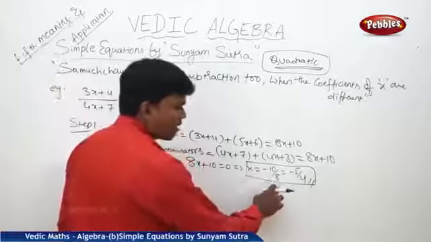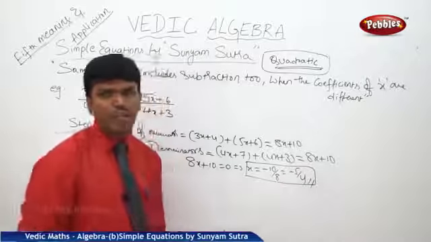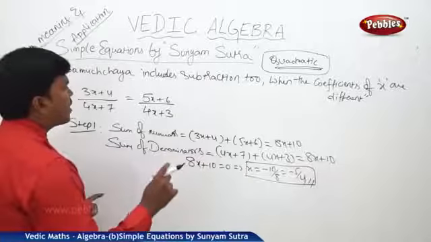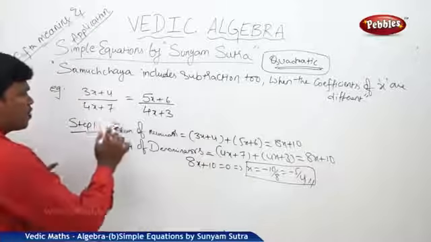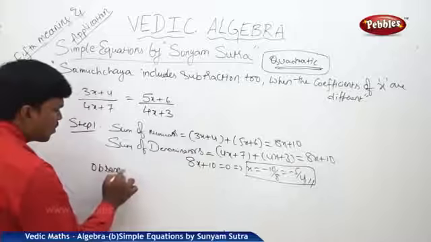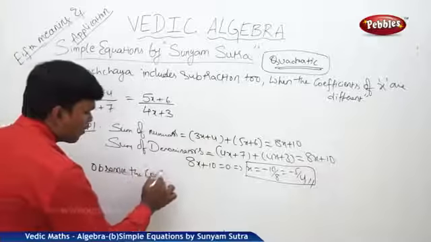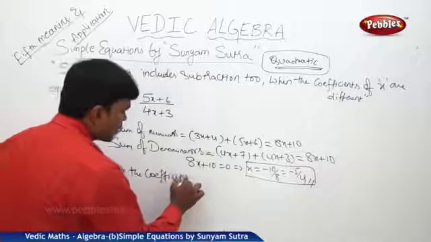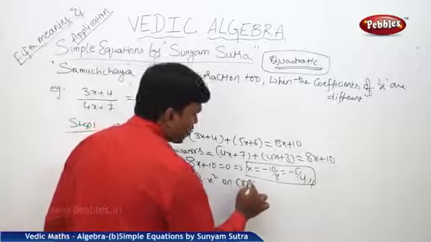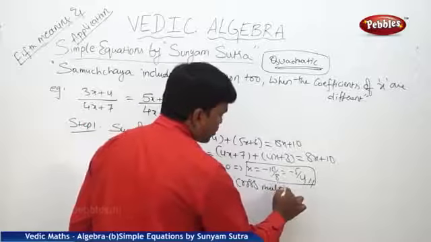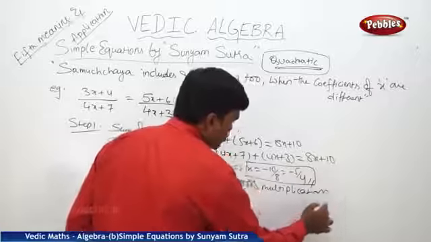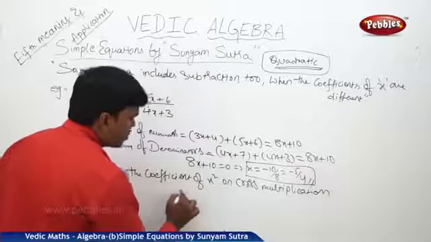Now the next step, immediately what you need to observe: you simply observe the coefficient of x square on cross multiplication.